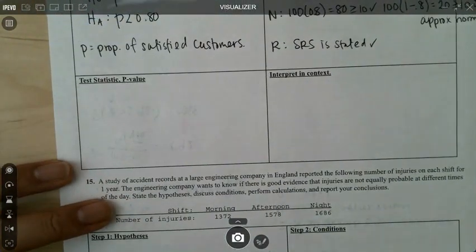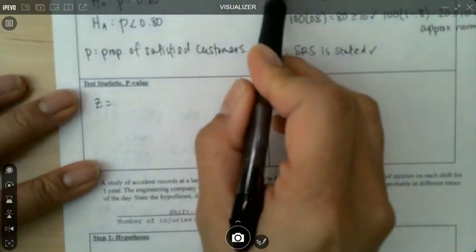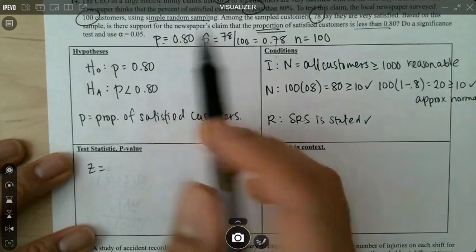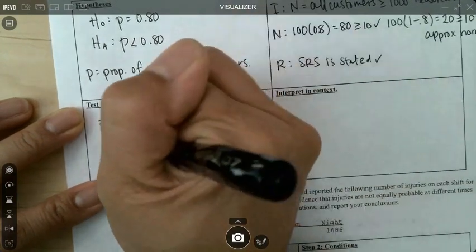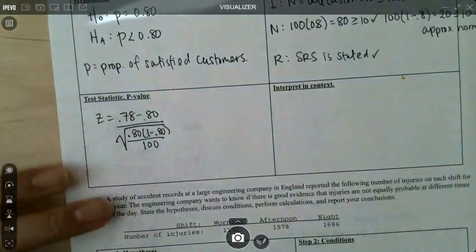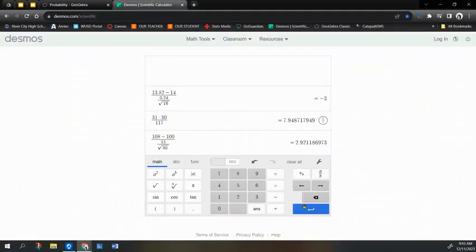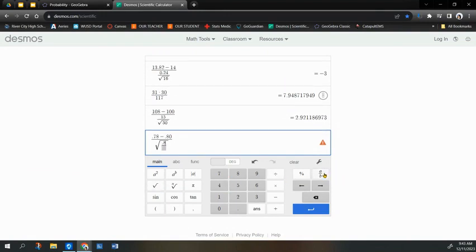All right, so now let's find our test statistic. With proportions, remember that we're always using Z. So it's going to be P hat minus P, so 0.78 minus 0.8 over the square root of P times 1 minus P over N. So 0.78 minus 0.80, over the square root of 0.8 times 1 minus 0.8 over N. So our test statistic is going to be negative 0.5.